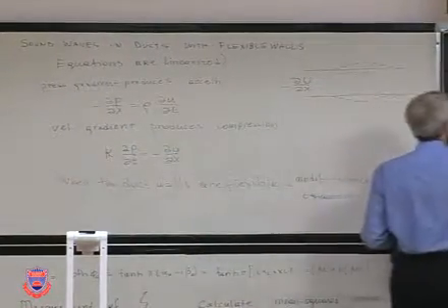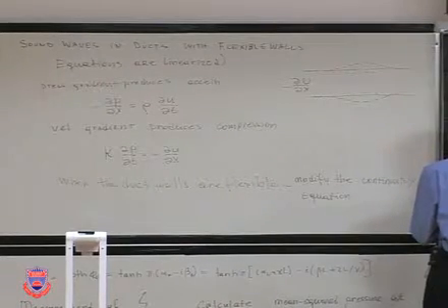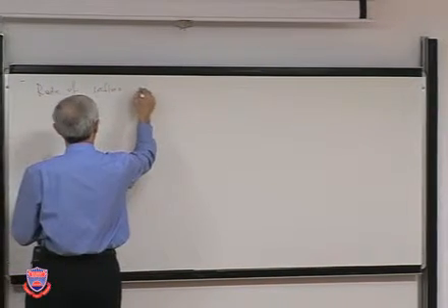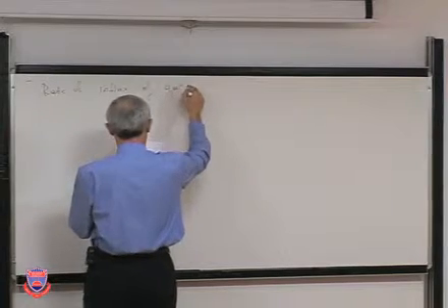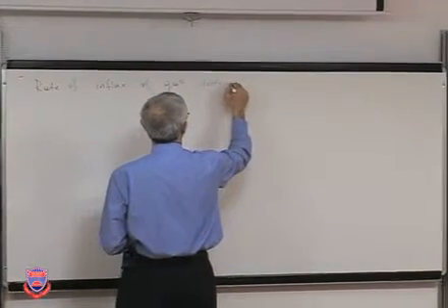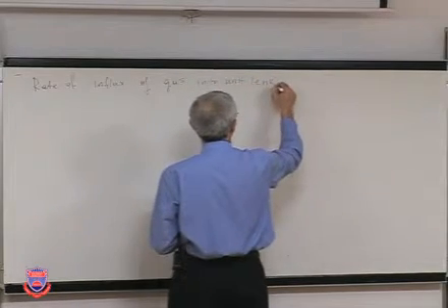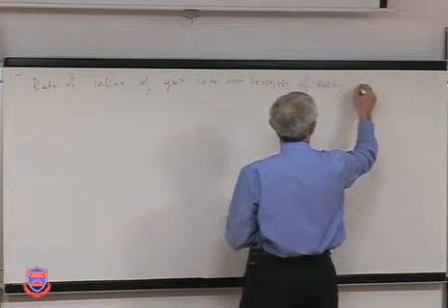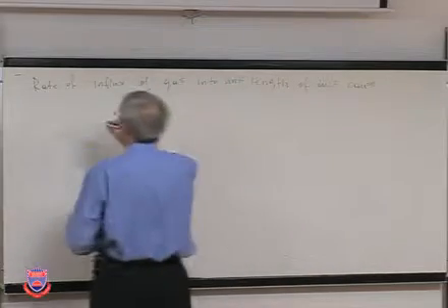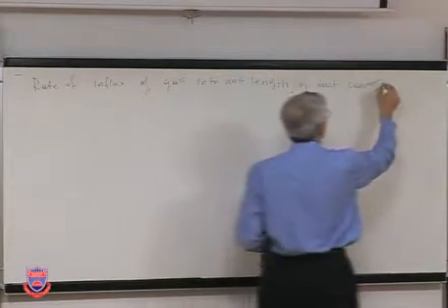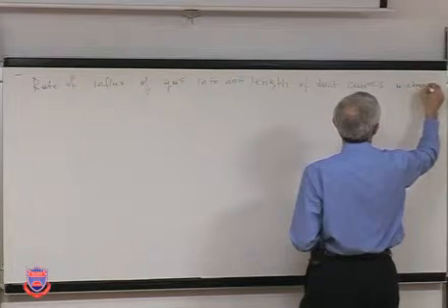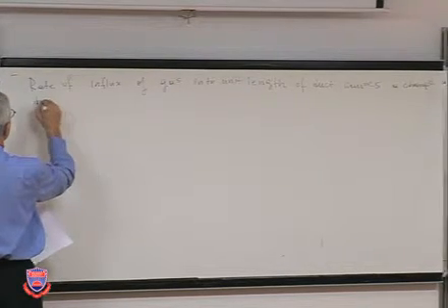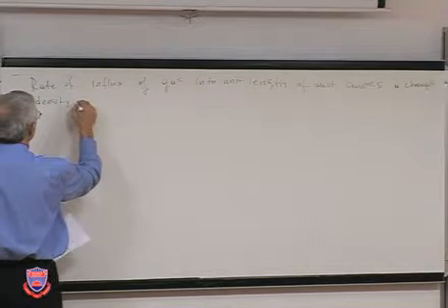Okay, so the rate of influx of, let's say, gas in this case, into a unit length of duct causes a change in density and pressure.